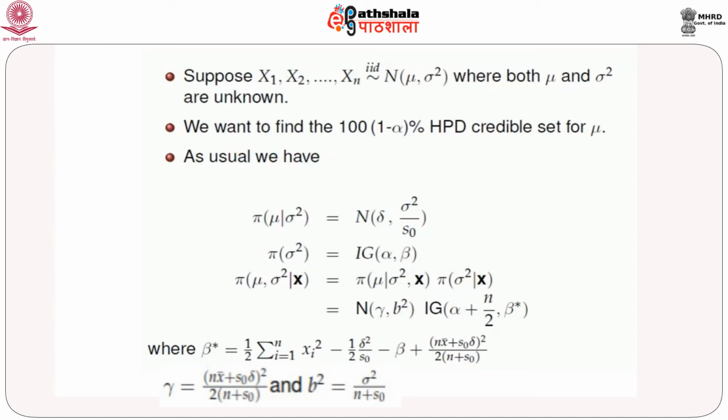And we also saw that the posterior distribution of mu given the data is actually a t distribution with degrees of freedom 2 alpha plus n plus 1, multiplied by some constant. So, lastly, we come to an example and we actually see how we can draw samples from a posterior predictive distribution.